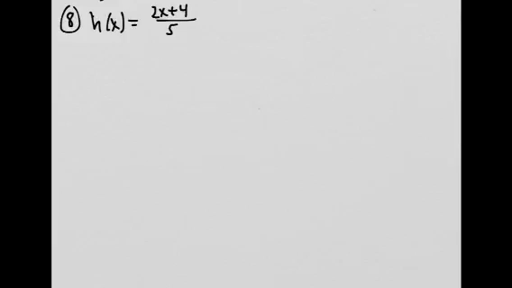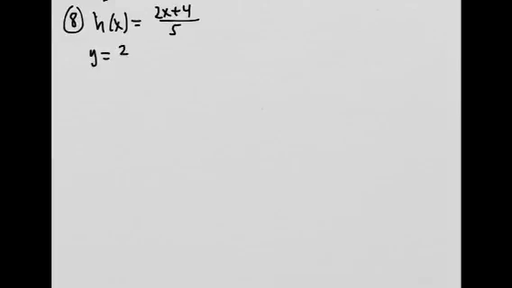So again, just like with number 7, we're going to replace the h of x with y. And then we're going to solve for x. So first thing is multiply by 5. So right here, 5 over 5 cancels.